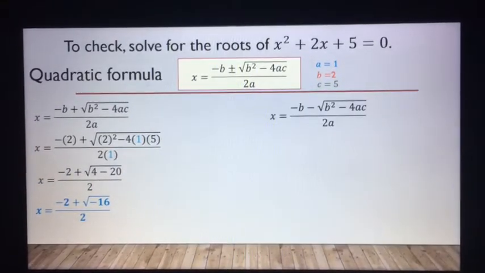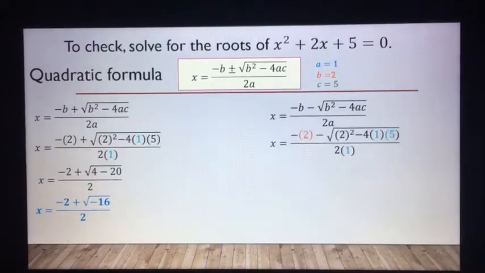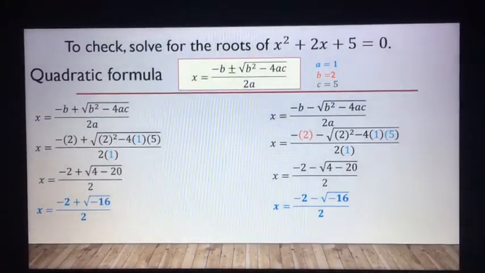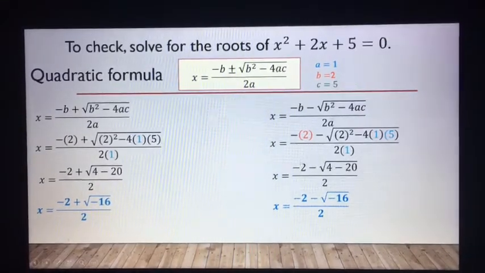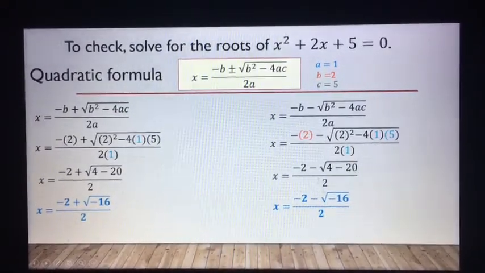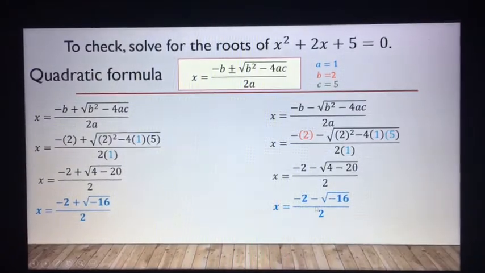Next is, solve ulit natin yung minus. Okay? So, ayan po. Negative 2 minus square root of 4 minus 20 over 2. So, negative 2 minus square root of 4 minus 20 is negative 16 over 2.